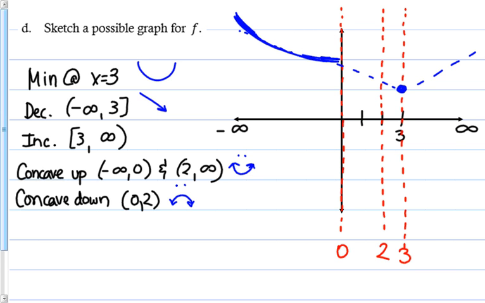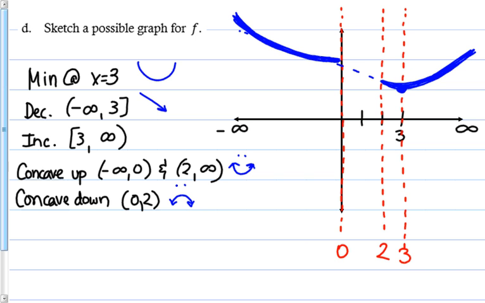All right, so that's concave uppy, right? And then it's also concave up from 2 to infinity. So this needs to look concave uppy, right? I hope you're understanding. Just trying to follow the instructions, right? Concave up, concave up.